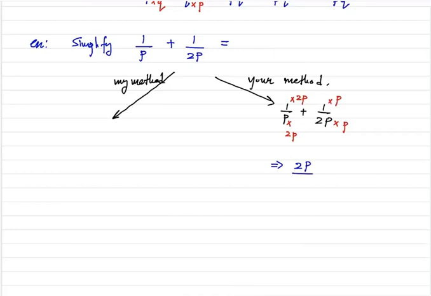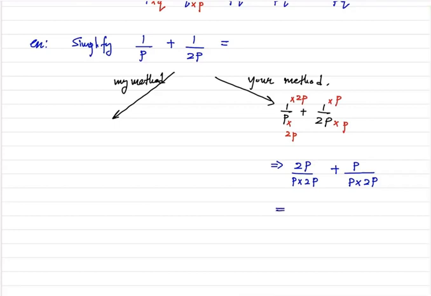Then what is P times 2P? You put that as P times 2P, right? You just leave it like that for now. Plus, then you have P divided by, again, P times 2P. This is what you answer, right?